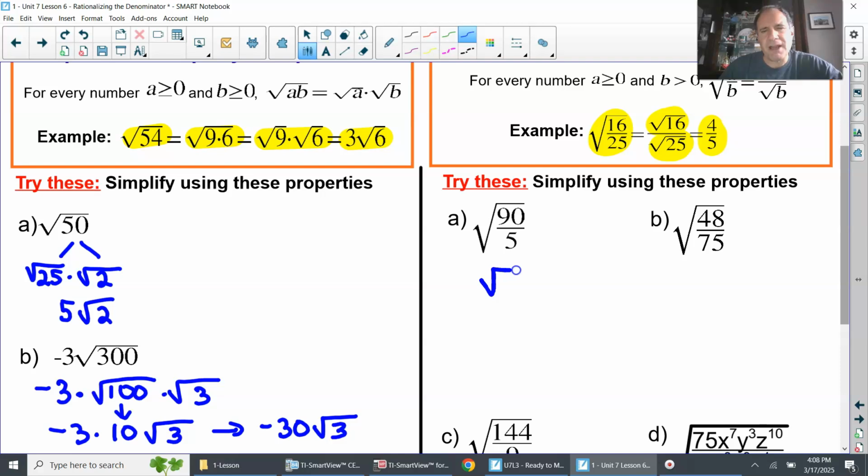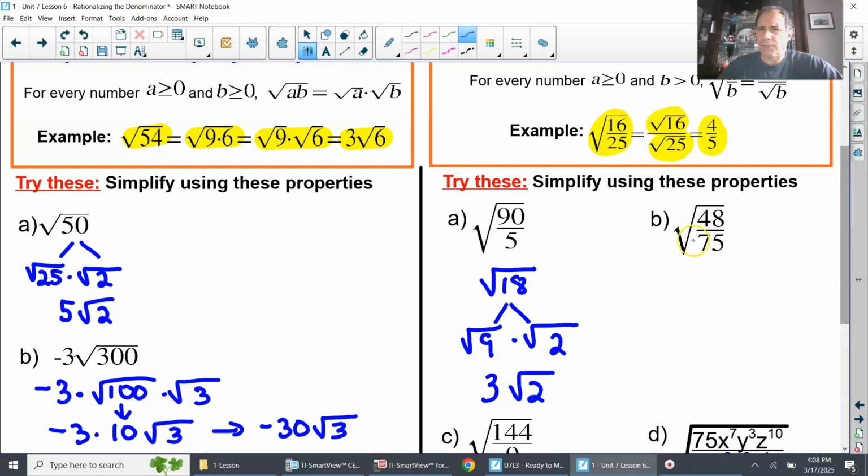Now, dividing this 90 and 5 doesn't release the numbers from the square root, from the radical. So this is 18. And now I could split it up nice and easy because there is a perfect square that goes into 18, and it's 9. So everybody should know 9 times 2 is 18. And 3 is square root of 9, and square root of 2 comes down next to it.